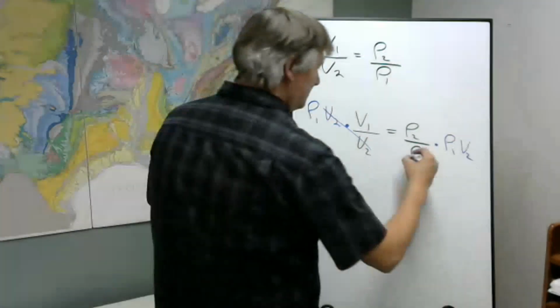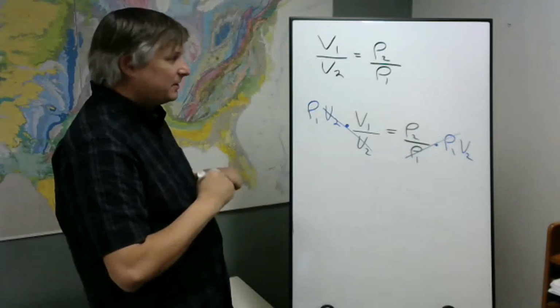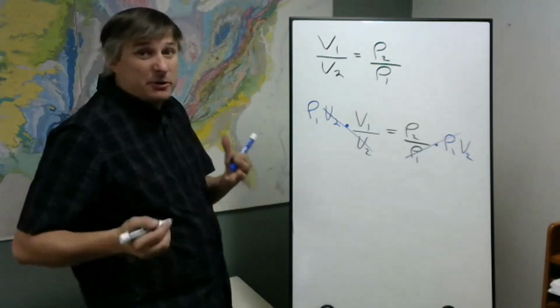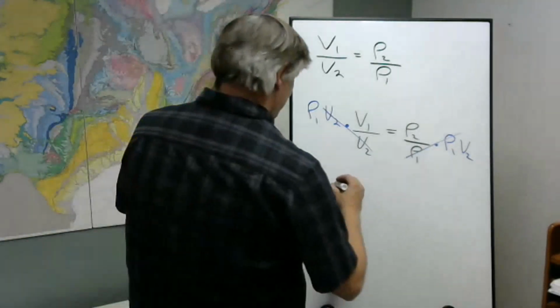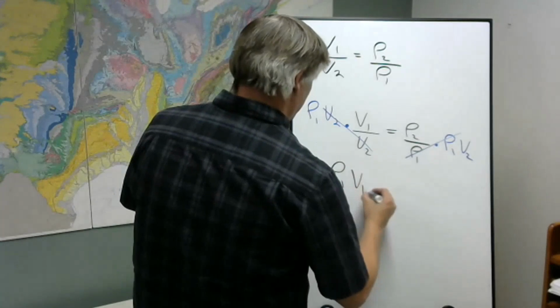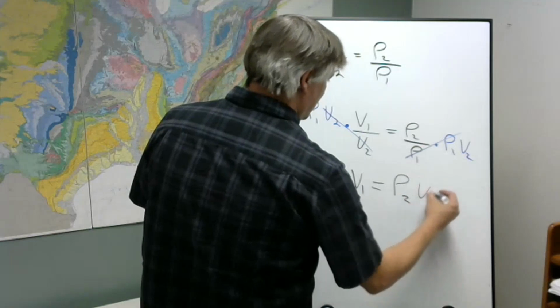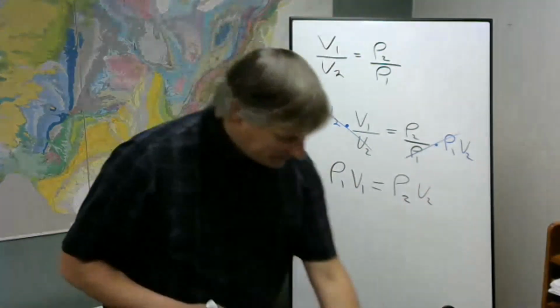Cancel the V2s, cancel the P1s. And so what we're going to be left with, well, it's the same thing we would get if we cross multiplied: P1 times V1 equals P2 times V2.